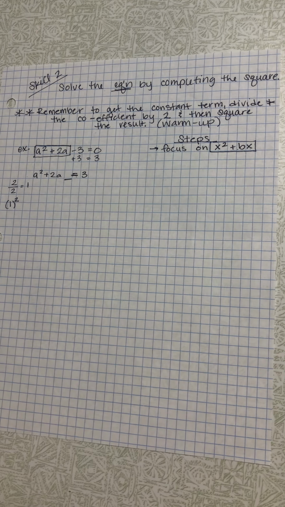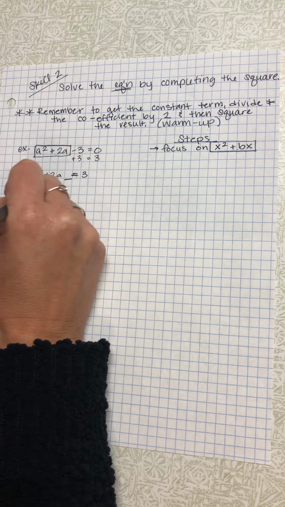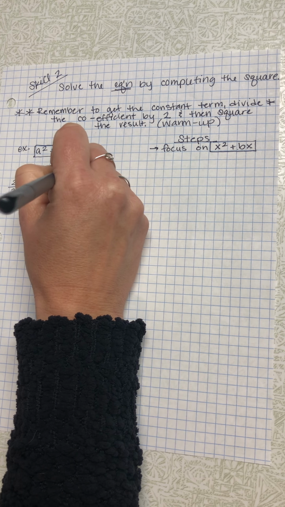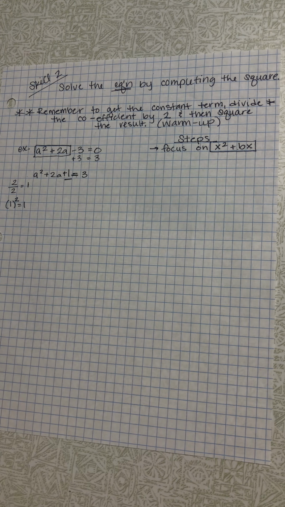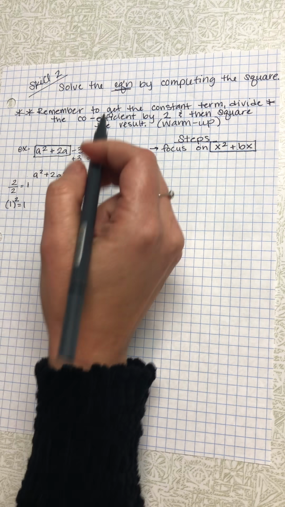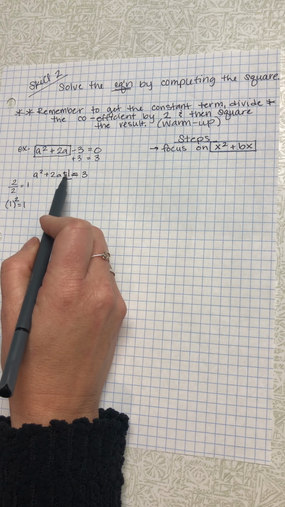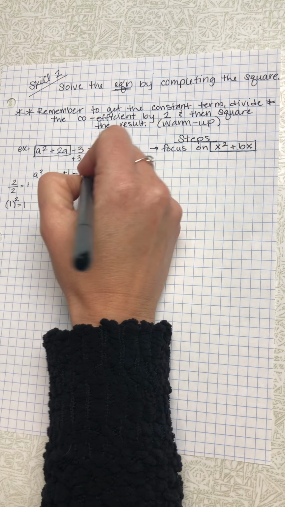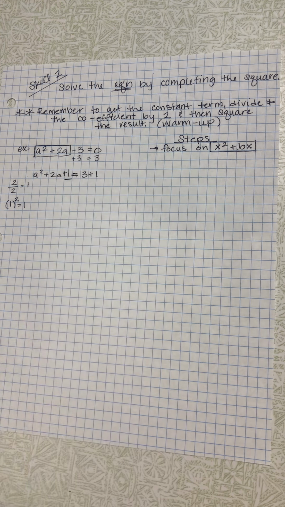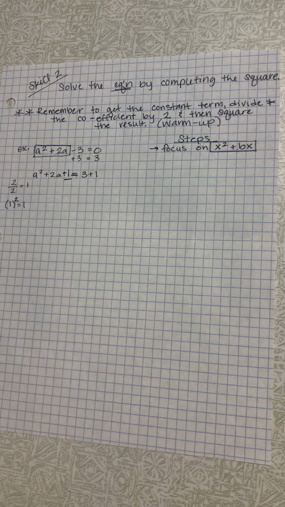Okay, so I'm going to do 1 squared, which is equal to 1. So c in this problem is a plus 1. And because it's an equation, I've now changed it. I added something that wasn't there, so I have to remember that twin rule, and whatever I do to one side, I have to do to the other. So I have to add a 1 on this side.